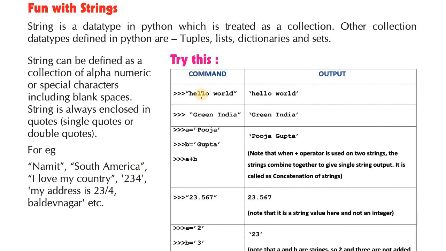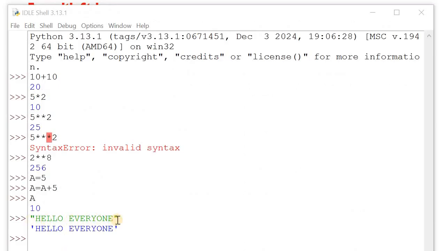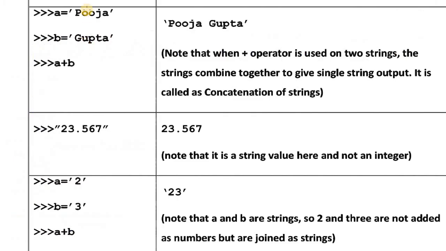If you write the command "hello world", then the output will be 'hello world'. See, I have written "hello everyone" within double quotes and the result is written within single quotes. Next example, A equal to 'Puja', again within single quotes.